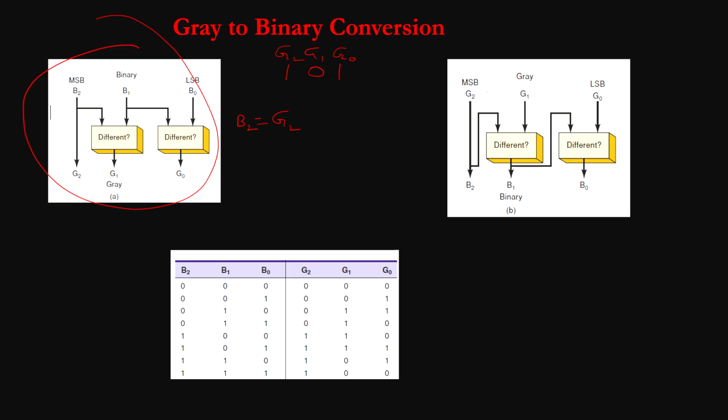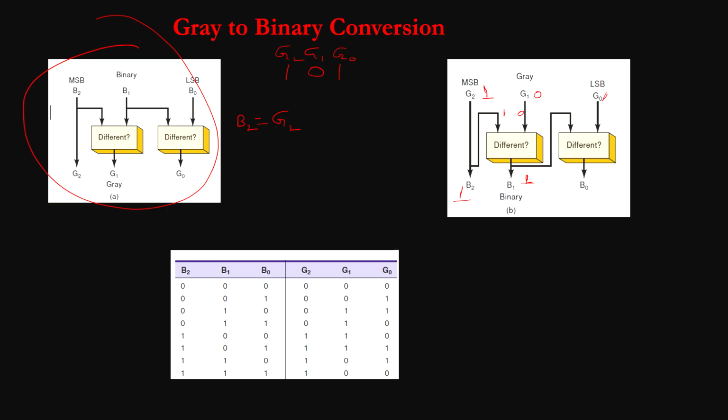So this is 1, this is 0, this is 1. So you got a 1 here. This is 1. So 1 minus 0, you will get 1 here.